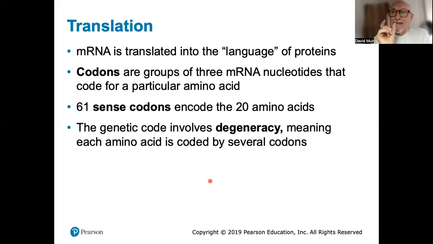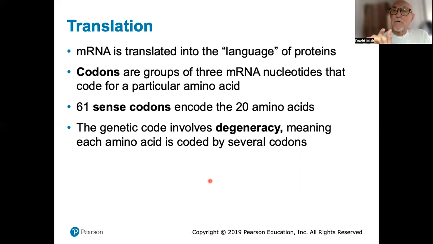Here's the key to the whole process. When we look at that messenger RNA transcript, we'll see that the transcript is grouped into words, and each word is 3 letters long. Those 3 letters are either C, U, G, or A. The letters are made up of the 4 bases of RNA.